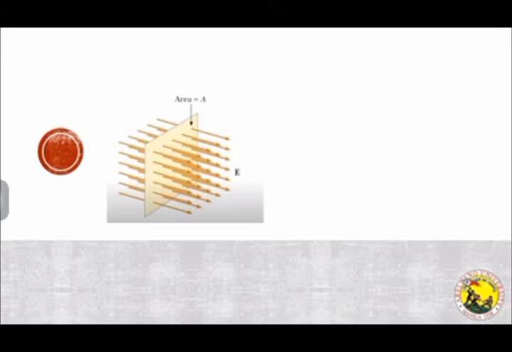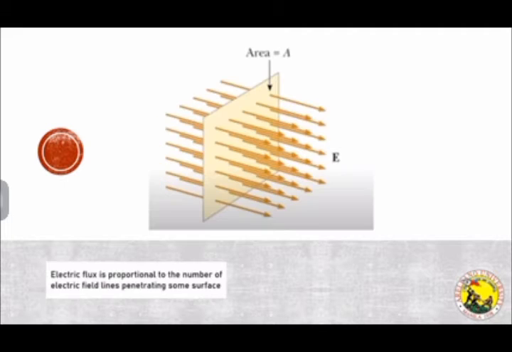Therefore, the total number of lines penetrating the surface is proportional to the product of E and A. This product of the magnitude of the electric field and the surface area perpendicular to the field is called the electric flux. Electric flux is proportional to the number of electric field lines penetrating some surface.